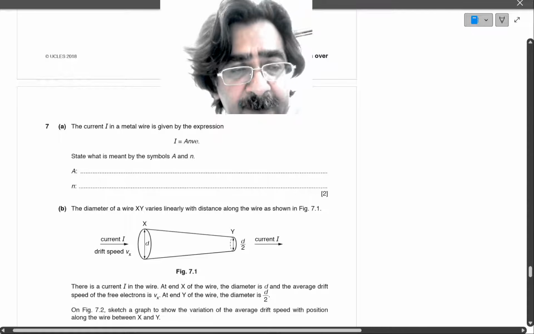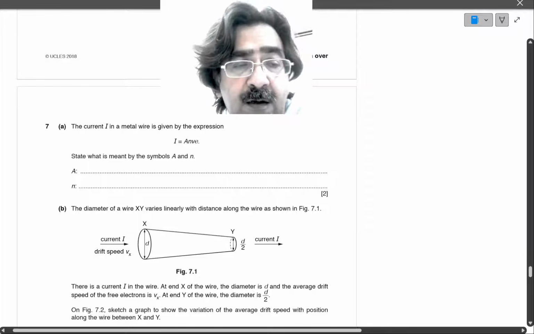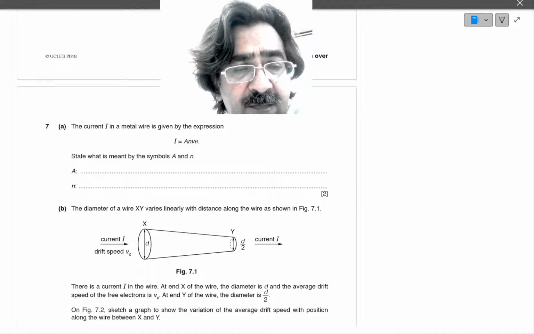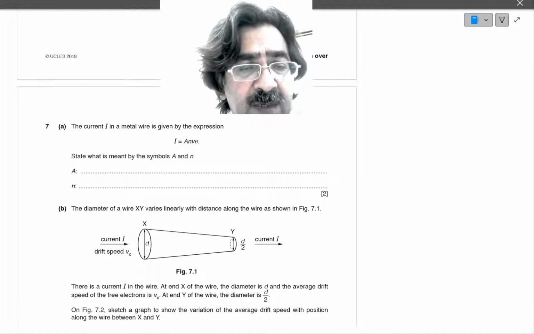Now the question is 7. Current is given by this formula; state the symbols A and n.